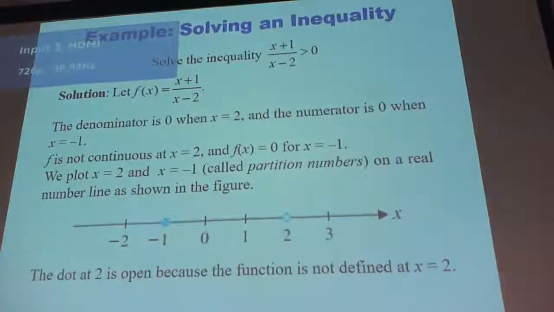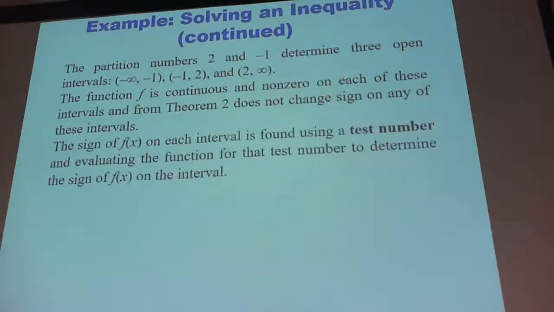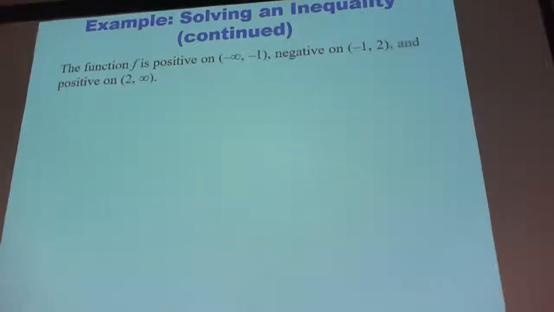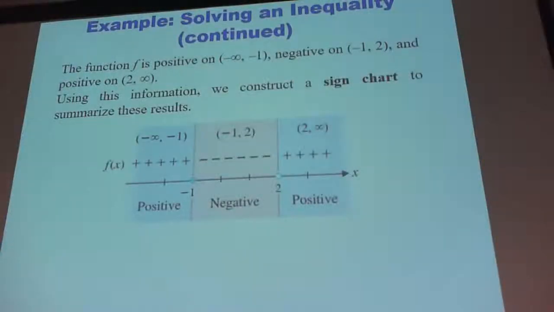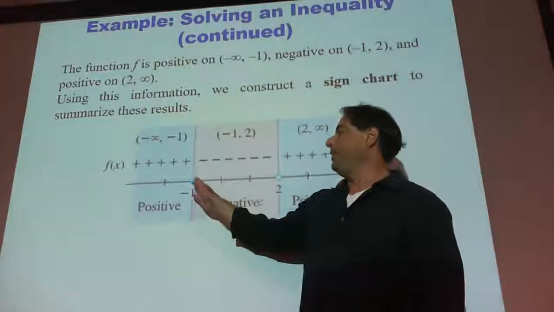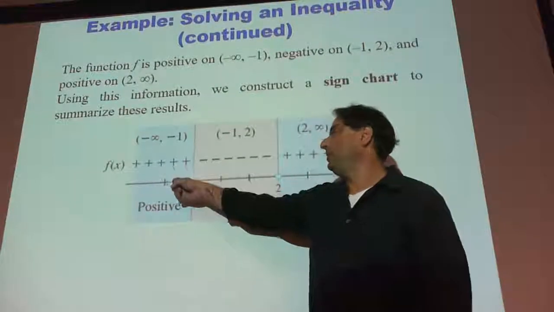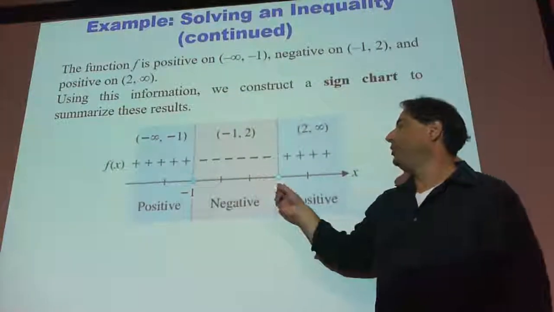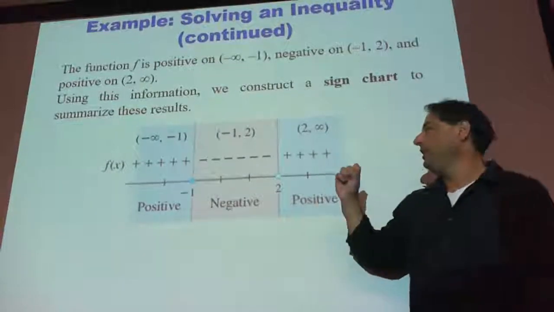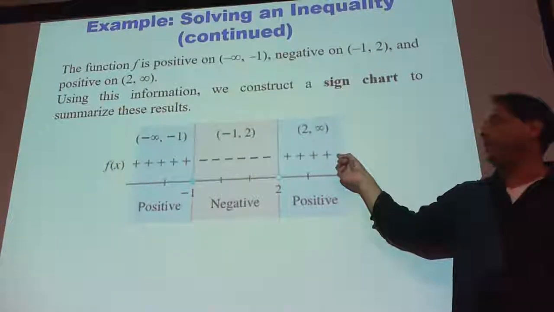So we go to our sign chart. And they show us in this sign chart that anytime you plug in a number less than or equal to -1, you're going to get a positive result. Between -1 and 2, you're going to get a negative result. And after 2, you get a positive result.